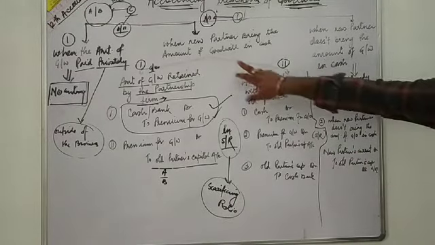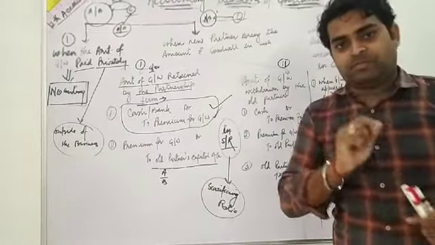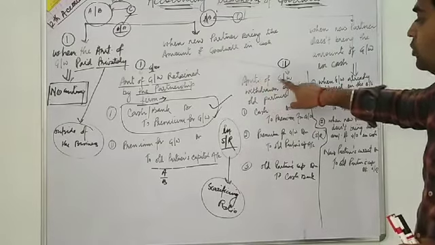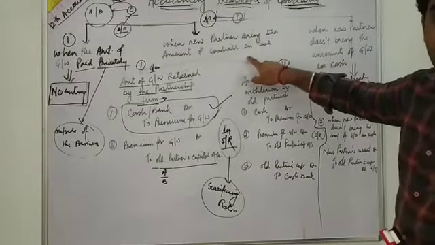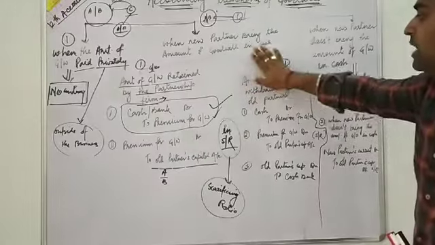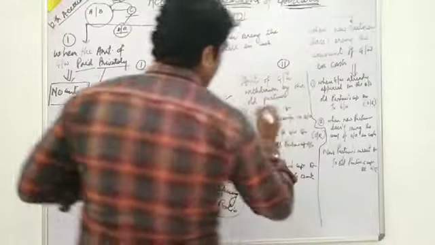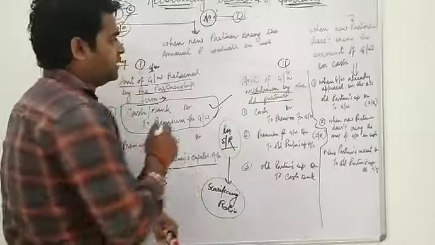Second case is almost the same, but one condition is there. What? When the amount of goodwill is brought by the new partner and withdrawn by the old partner, and not retained by the business.